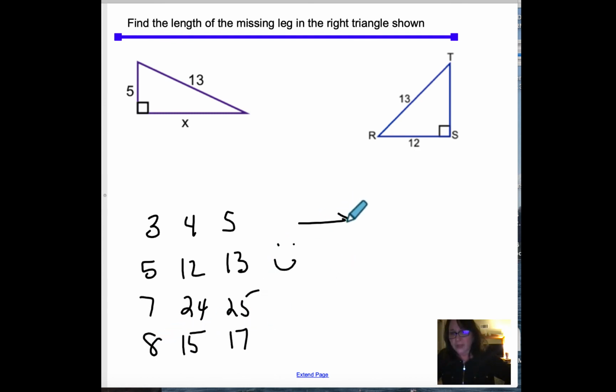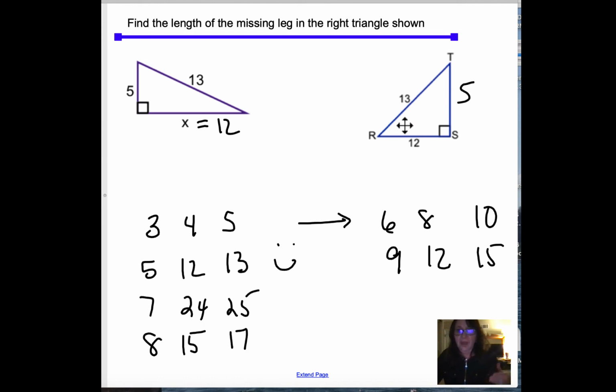And of course, we have the multiples, which you guys have seen, 6, 8, 10. Remember, we saw one that was a 9, 12, 15, right? Anyway, this one is a 5, 12, 13, which means x is 12, which means across from the r is 5, 5, 12, 13. So you're going to see these around like this.